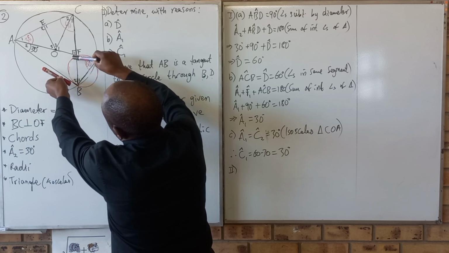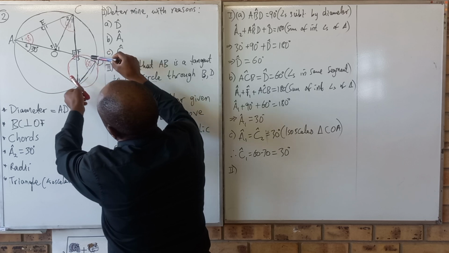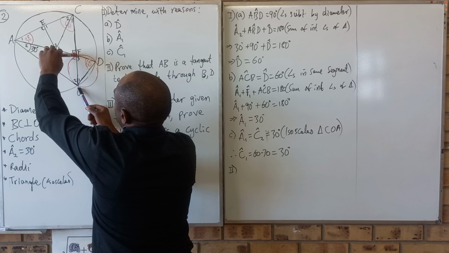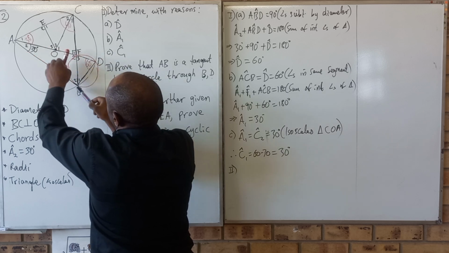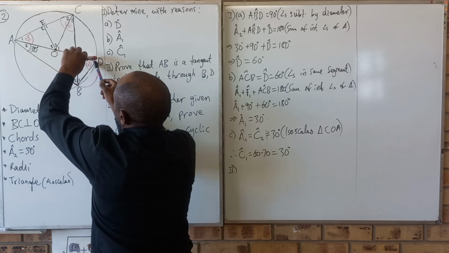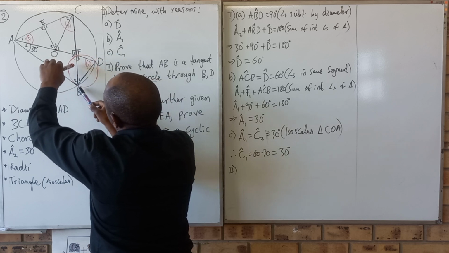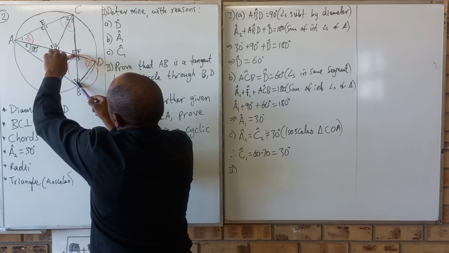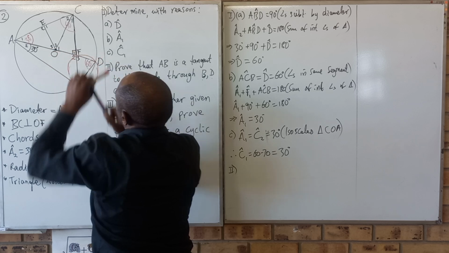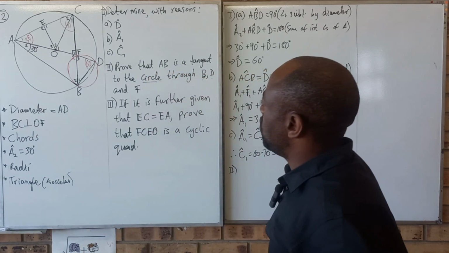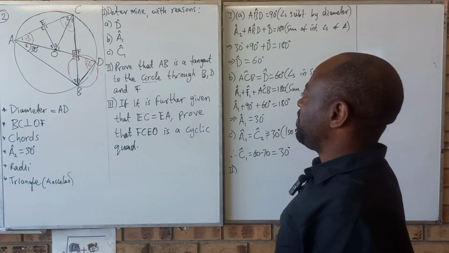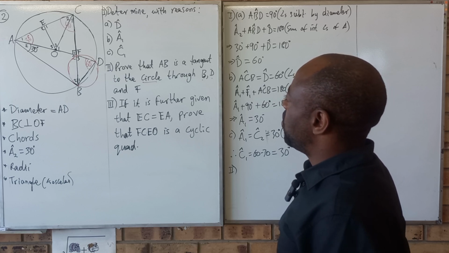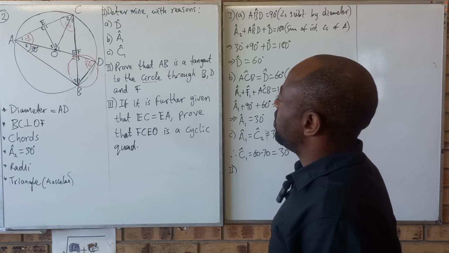If you can succeed to prove that B2 is the same thing as angle D, because if BF is a chord, then the angle between the tangent and the chord should be equal to the angle in the alternate segment, because we use this chord BF to create a triangle that goes to F. So if we can succeed to prove that B2 is 60, then we are on the right track of proving using the tan chord theorem.